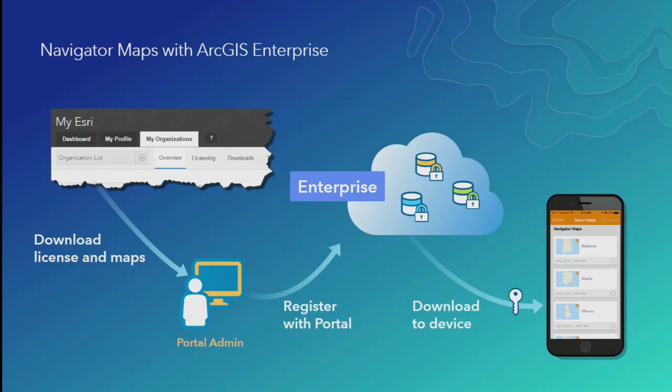Once you do that, it'll behave exactly the same to the Navigator end users as if you were logging into ArcGIS Online. The difference is you have to register those maps for them to appear to the Navigator end user to download.